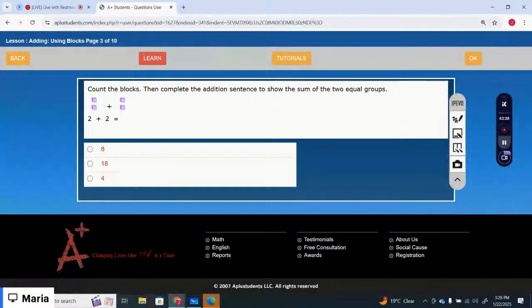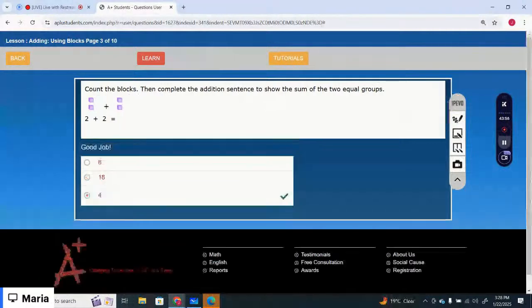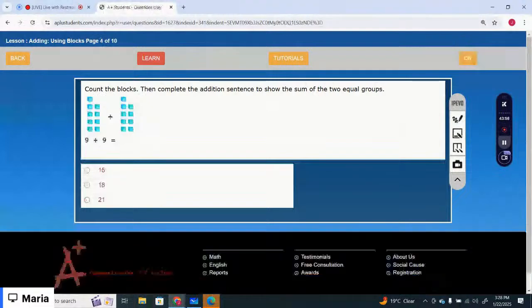Count the blocks. 2 plus 2 equals 4. Option number 3 is the correct option. Count the blocks.